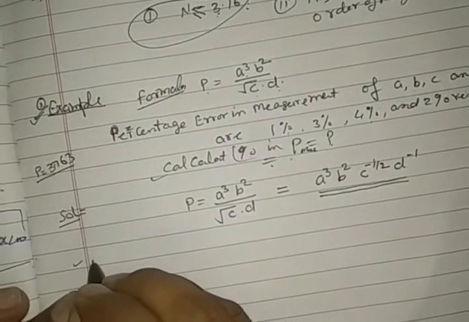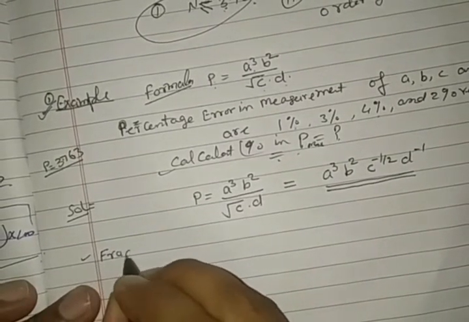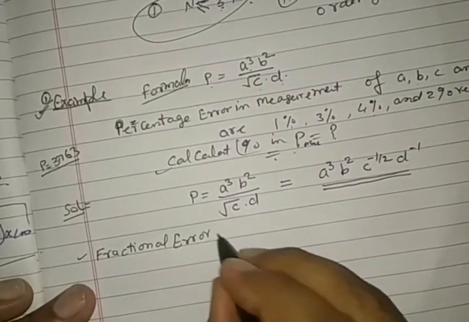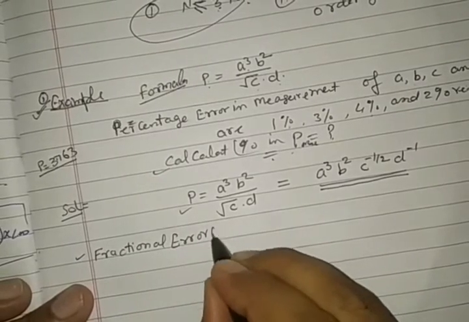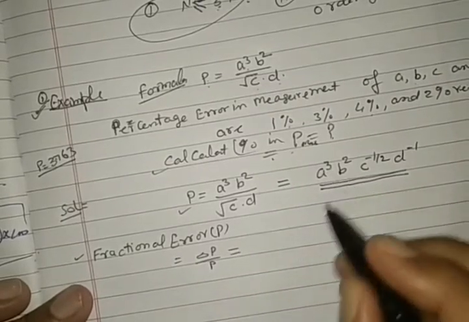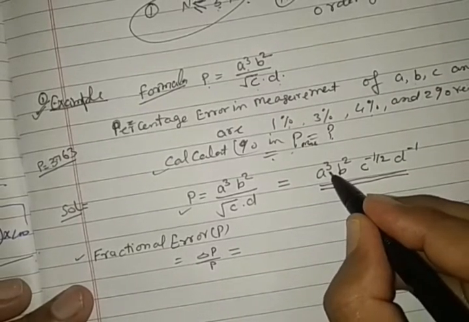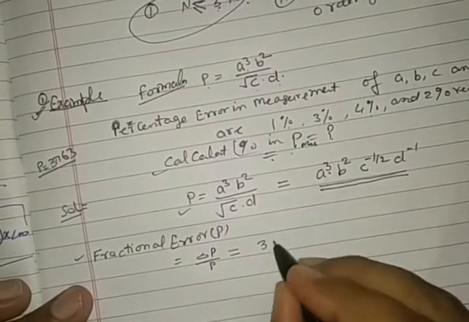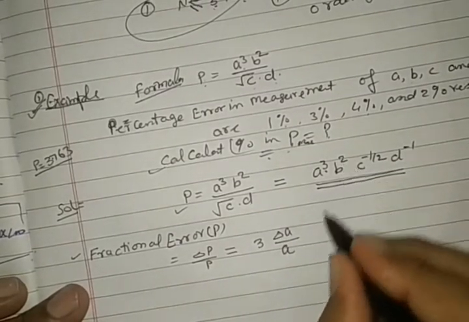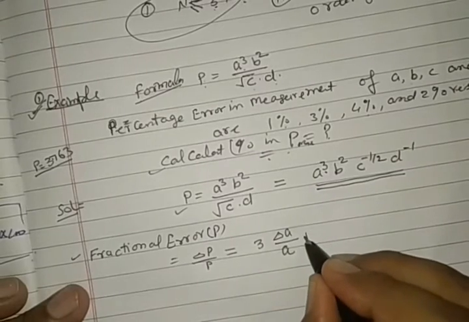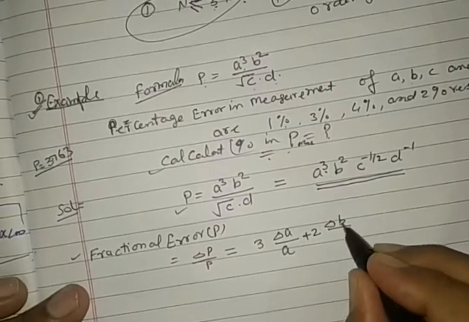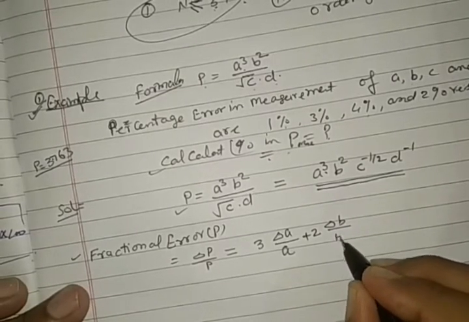First of all, I am writing here fractional error. In measuring quantity P, the fractional error in P, delta P by P, is equal to, see here, the power of the first quantity on the right hand side is 3, so 3 times the error in measurement of A by the measured value of A. Then for B, its power is plus 2, so 2 times the maximum possible error by the measured value.